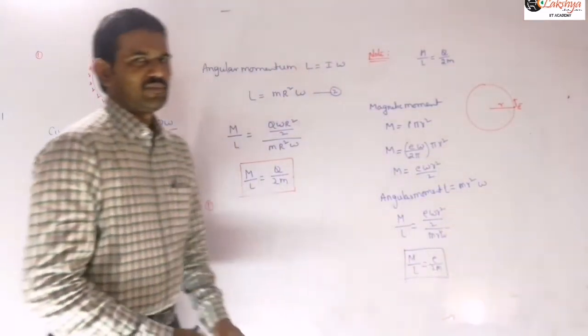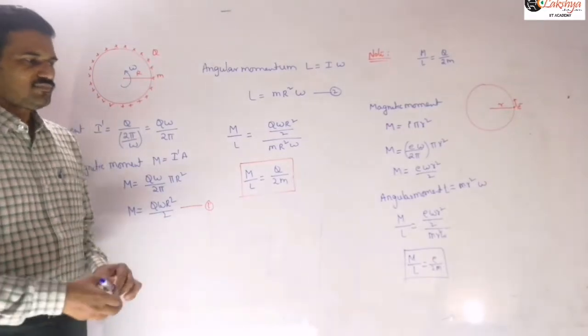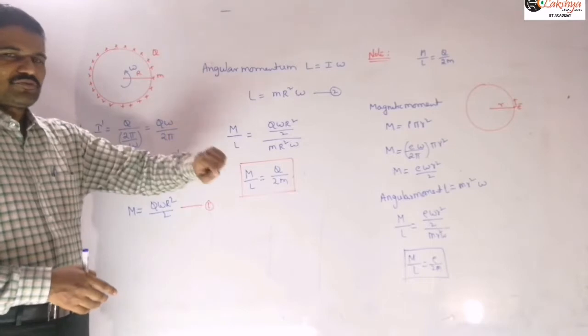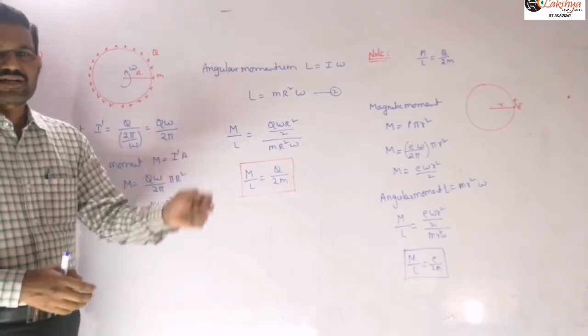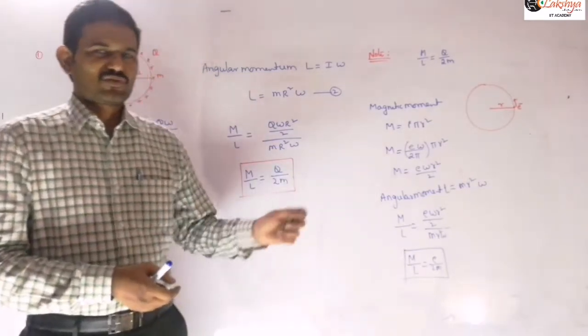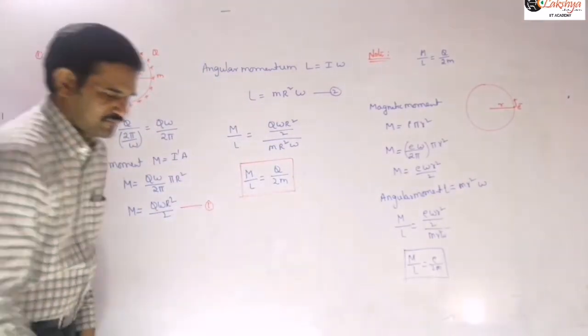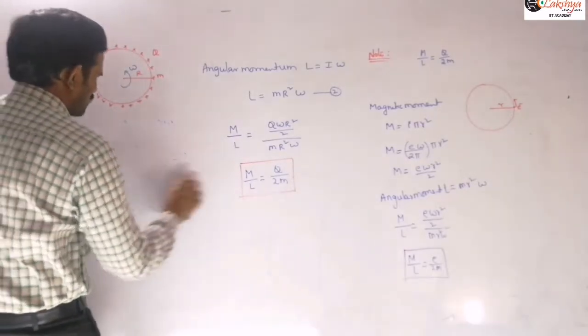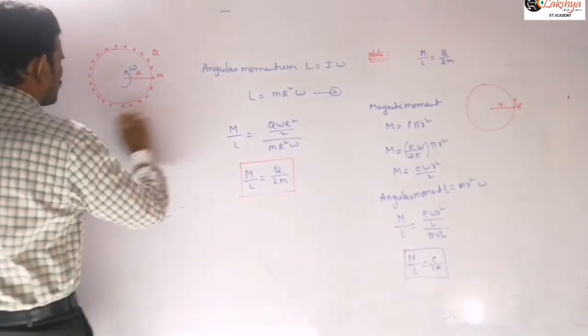That means it will be valid even for the electron, such small objects also, this ratio will be valid, right? Now let us see some problems based on similar calculations.